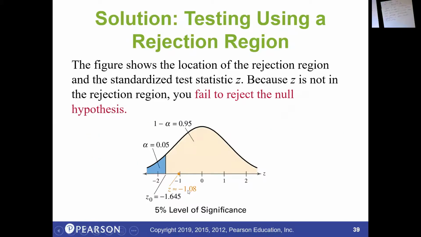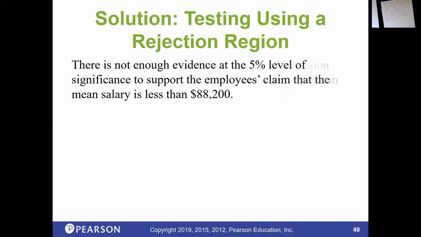Our test statistic was to the right of the Z critical value. So it fell into this beige area, which is our fail to reject region. So our conclusion is there's not enough evidence at the 5% level of significance to support the employee's claim that the salary is less than $88,200.